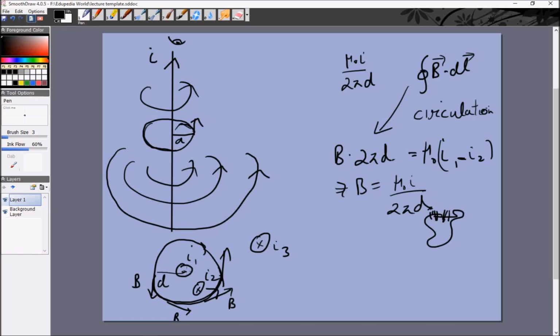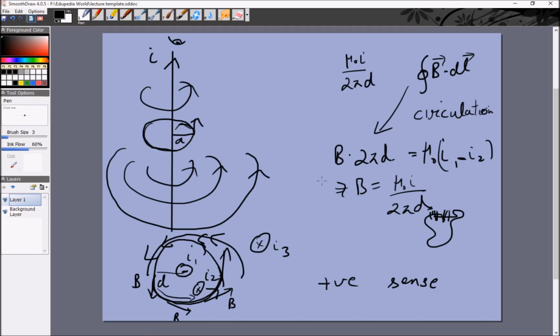Also if I1 is positive, then if I put my right hand thumb towards I1, my fingers would curl in the anti-clockwise direction. So the anti-clockwise direction would be the positive sense. When we talk about an axis, we talk about the positive direction and the negative direction. When we talk about rotations, we talk about positive and negative senses. So the positive sense of rotation would be anti-clockwise, and because B is in the anti-clockwise direction, we'll get B into 2 pi d.